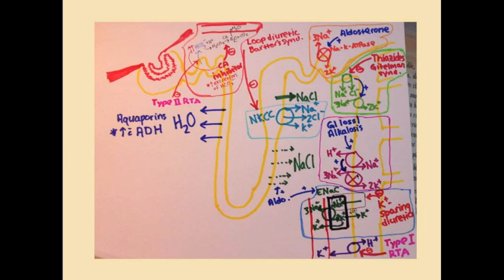You got your carbonic anhydrase inhibitors. This is the reason why carbonic anhydrase inhibitors can cause metabolic acidosis. You got your potassium-sparing diuretics working on ENaC, and then, we didn't talk about these, but here's your type 1 and type 2 renal tubular acidoses, and where aldosterone works and where ADH works.